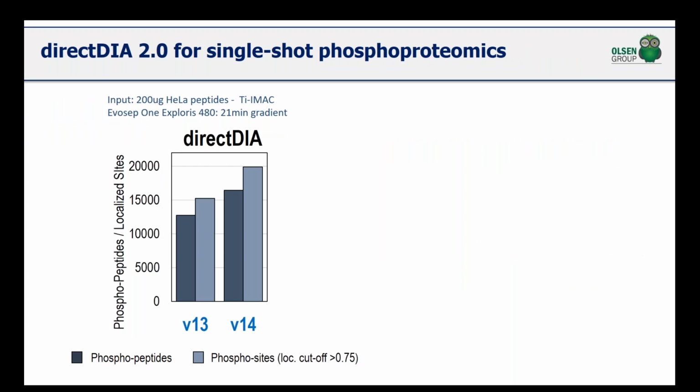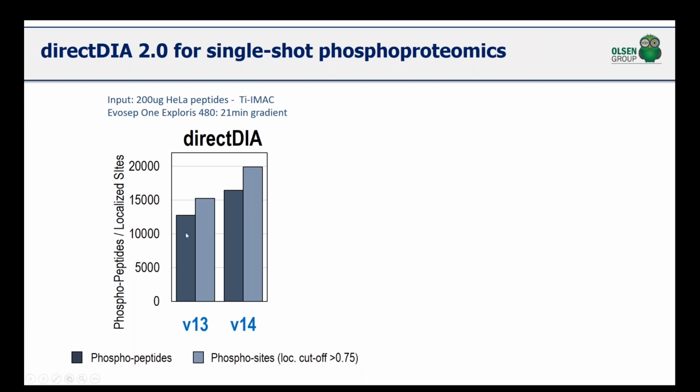And what is now really exciting is the direct DIA that we can use without needing a spectral library. And we can see that there have been quite dramatic improvements in the new version 14 of Spectronaut compared to version 13.